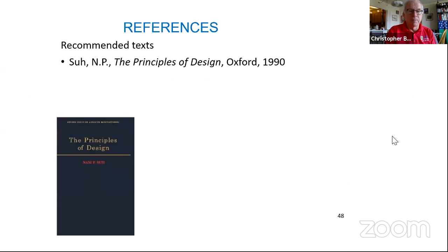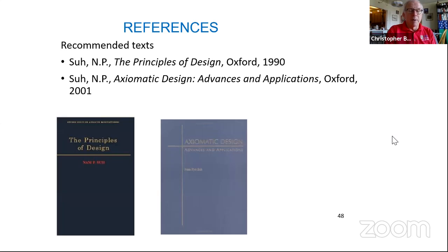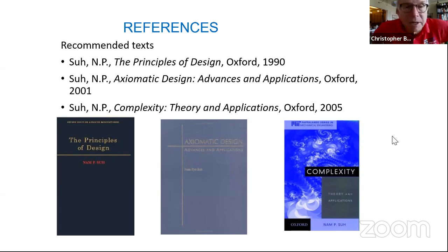So Suh has written three books on axiomatic design. The first, in 1990, The Principles of Design. One of the reasons I think he does this is because so many people have already made up their minds that design can't have axioms.